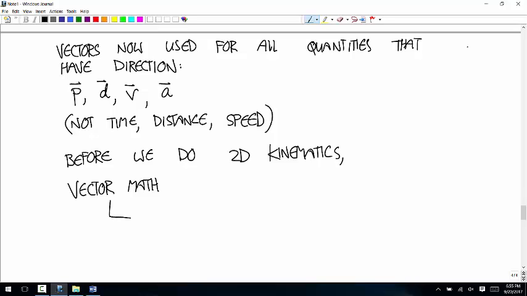And before we can do vector math, we need to talk about trigonometry. I know a lot of people have taken trigonometry, but it's not a prerequisite for this class, so I'm just going to give the basics that we need for this class. Probably a nice review for a lot of people anyways.